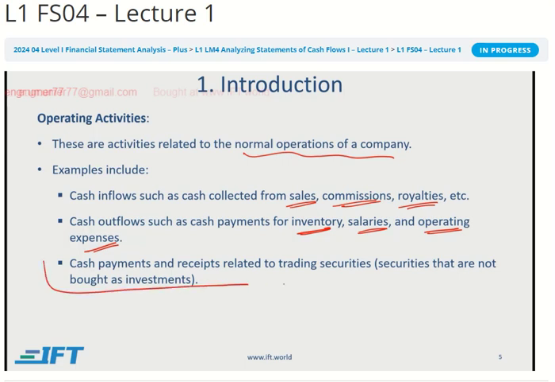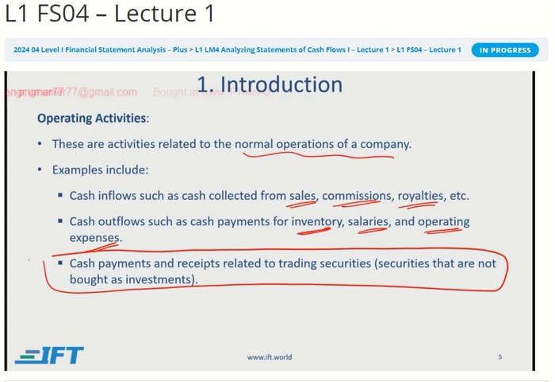Now this third one is a little tricky because it could be investing as well. Cash payments and receipts related to trading securities. Well, you might remember from our discussion on the balance sheet that securities could be held for trading, or available for sale, or held till maturity. So depending on how frequently you are buying and selling these securities, if they are long-term investments, then they will be in your investing cash flows, right?